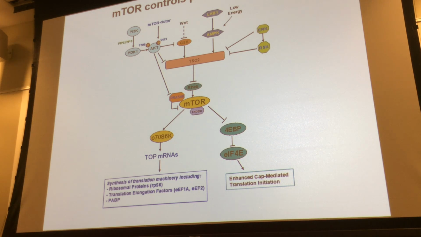So in their 5' end, they all have this very signature terminal oligopyrimidine. So that's number one. Number two, as I state here, a lot of these proteins actually belong to the translational machinery or apparatus.